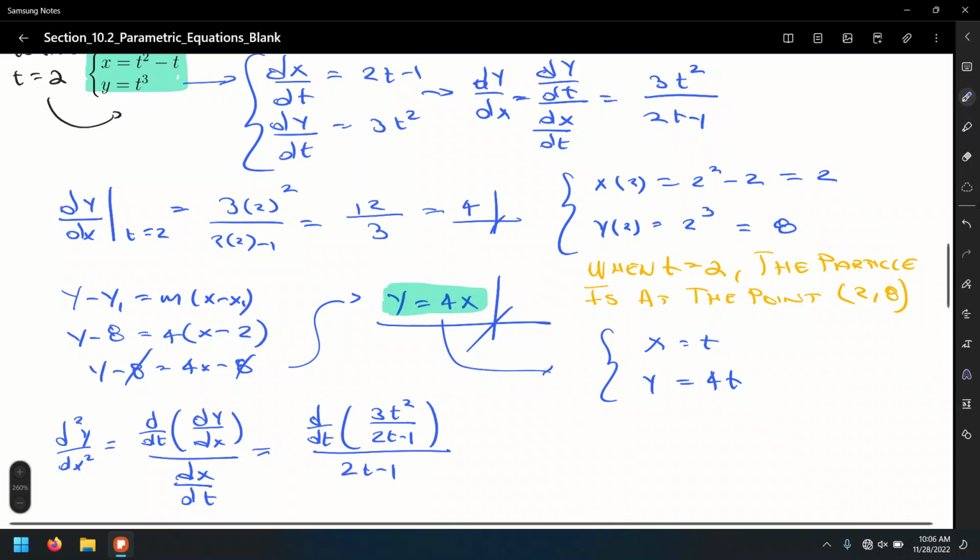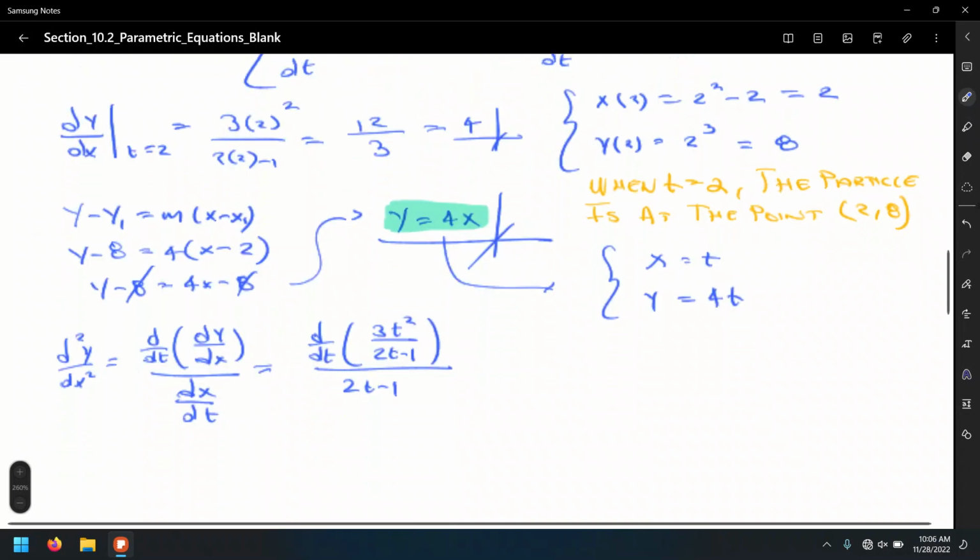All right? So that's our setup for now. In this case, we will have to do a quotient rule in the numerator of this derivative. The denominator, just leave it like that. You'll see how in the end, this is going to reduce somewhat nicely. Maybe not the nicest thing in the world, but still.